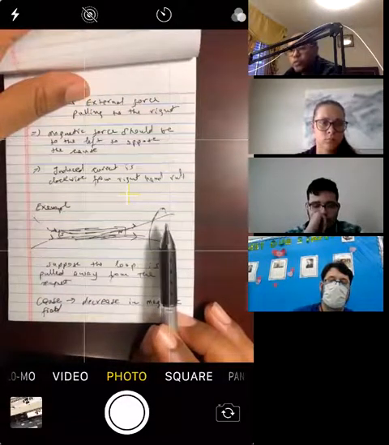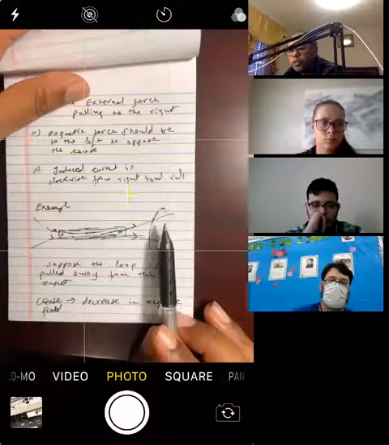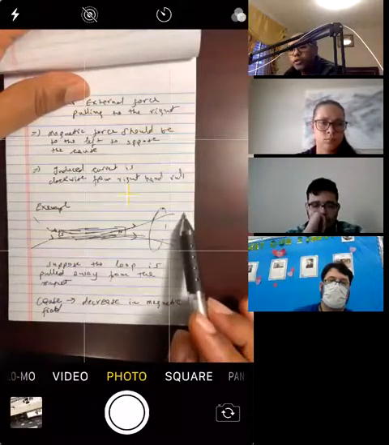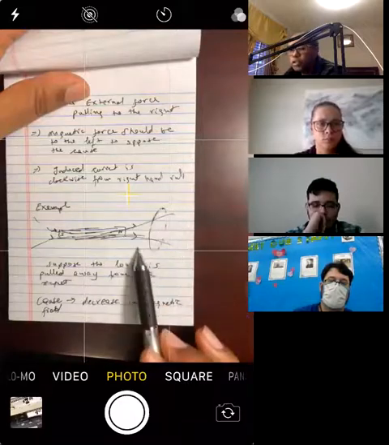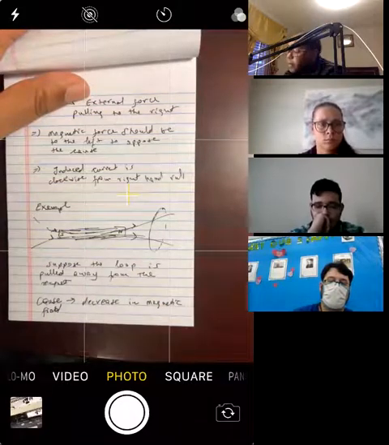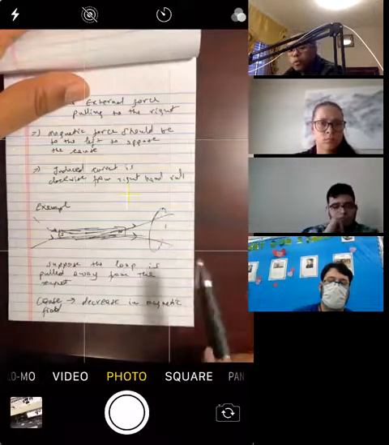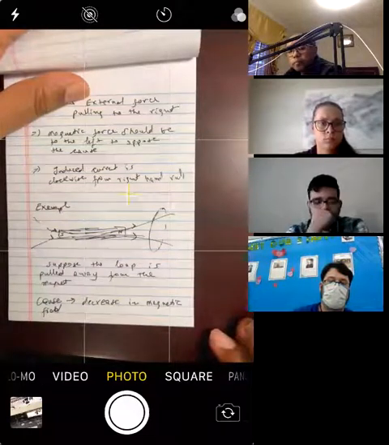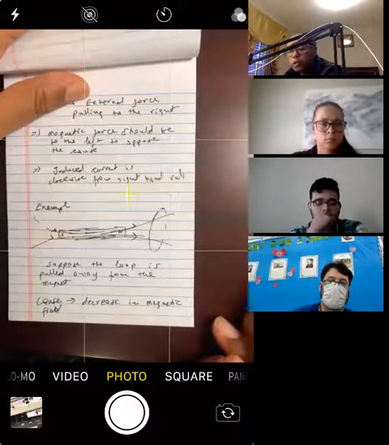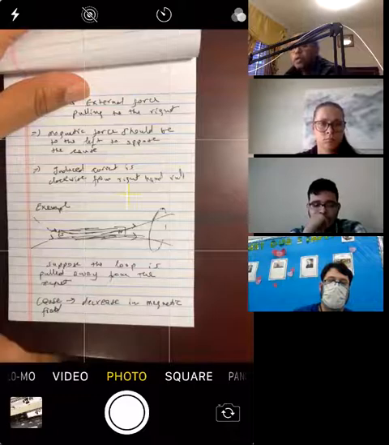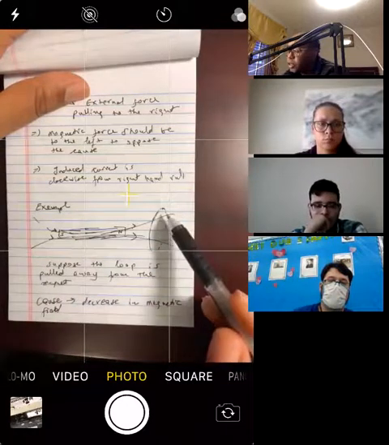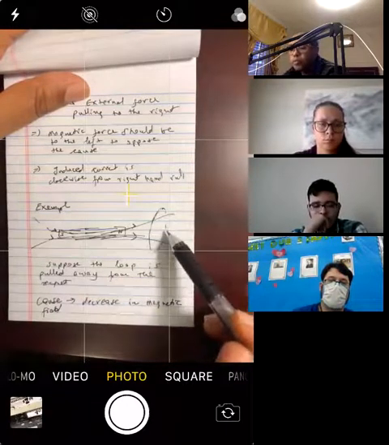The change in flux produces induced voltage, and the induced voltage produces induced current. So there is induced current over here because of the change in flux. And that induced current in this loop is going to produce its own magnetic field, like a solenoid. A solenoid carrying current produces a field, right?